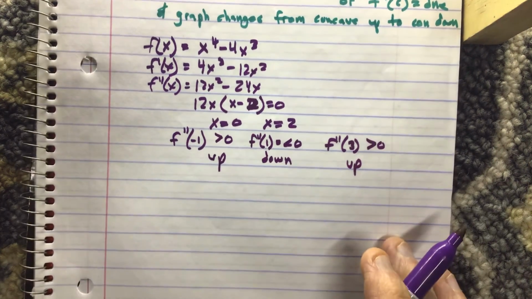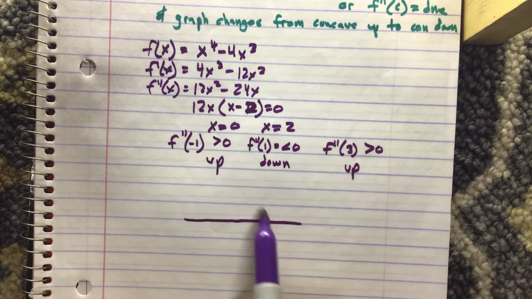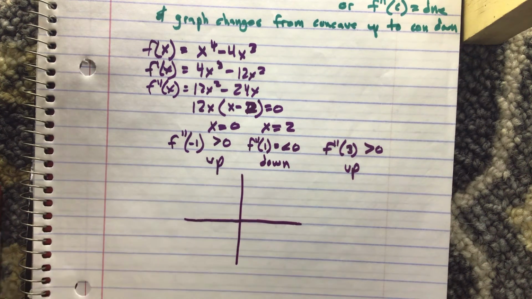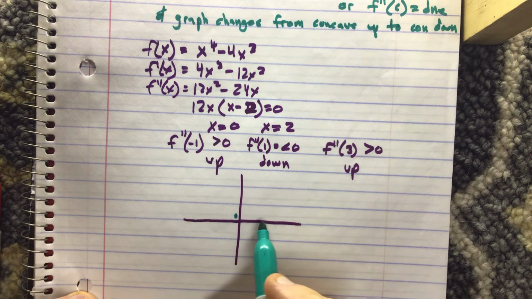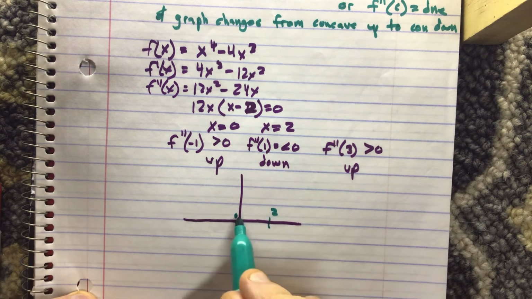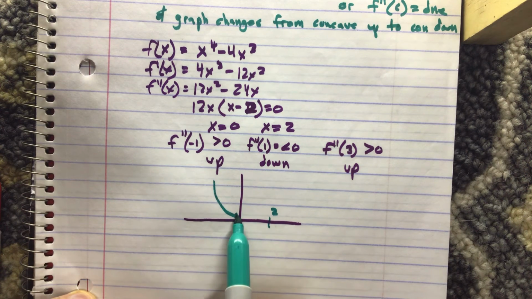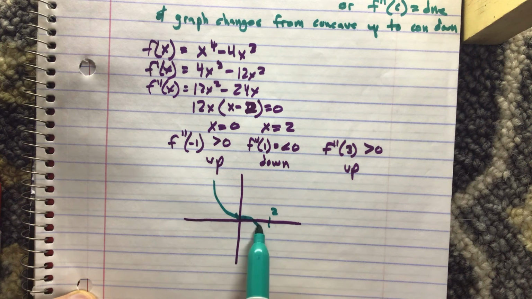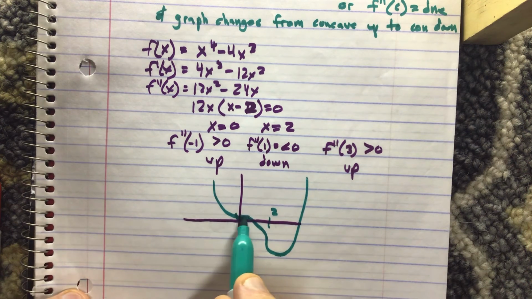And I just want to sketch it for you so you can see what this graph is doing. So this is 0, this is 2 here. It's going like this. Sort of like that.